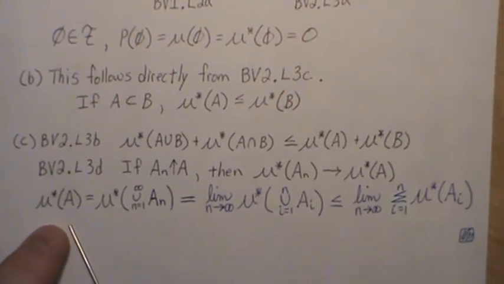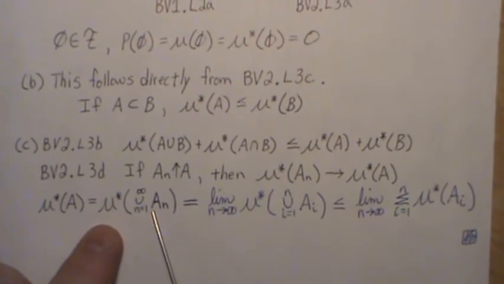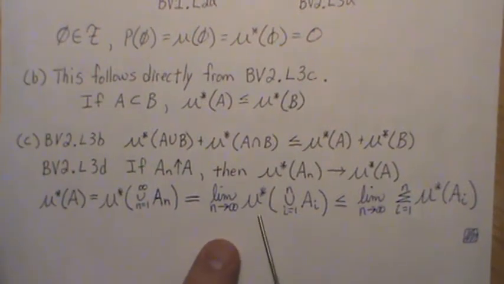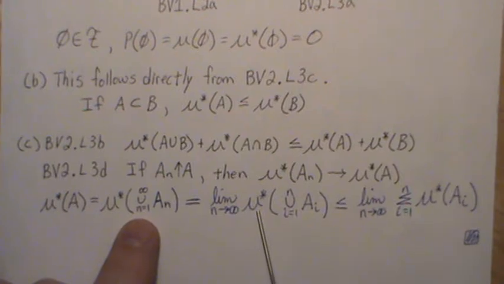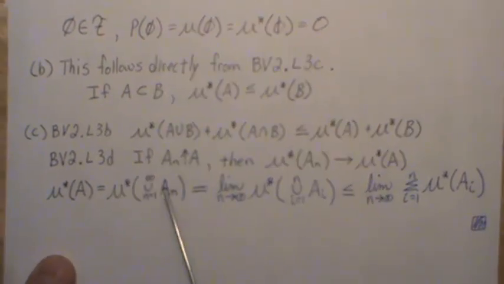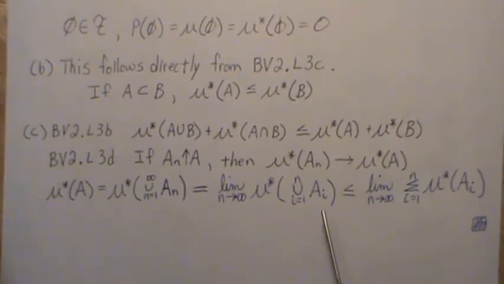So if we have the measure of A, which is equal to the measure of this limit, which is equal to this, and going from here to here is what we proved. This is A, and then if we take the limit inside, we get this.